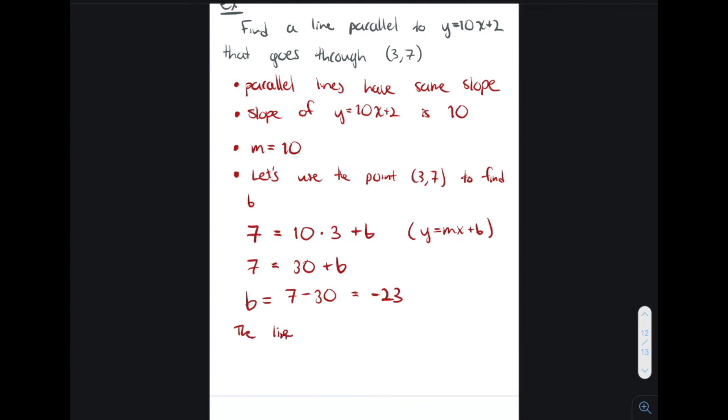Putting it all together, the line parallel to y equals 10x plus 2, and that goes through the point 3, 7, can be expressed by y equals 10x minus 23.